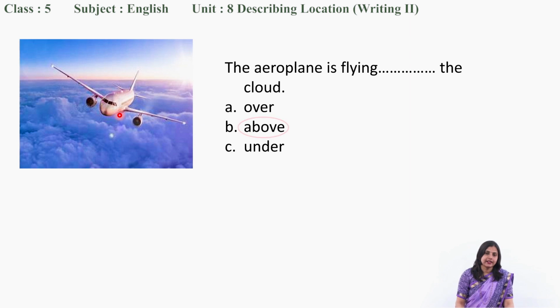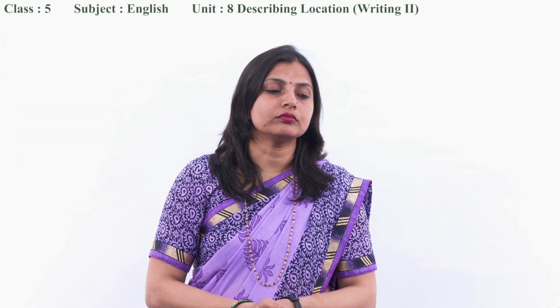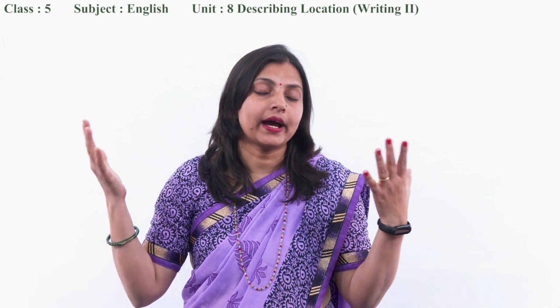Yes, exactly. It's above the cloud. The aeroplane is flying above the cloud. Alright, so you did it well. Now just recall back and tell me, what did we discuss in reading 1? Good, yes, we discussed about Rani Mahal.